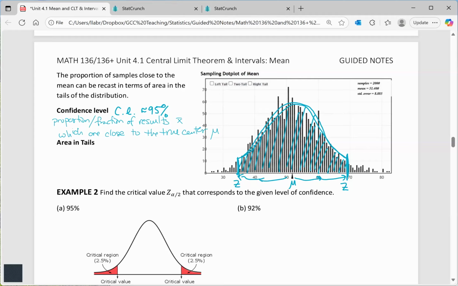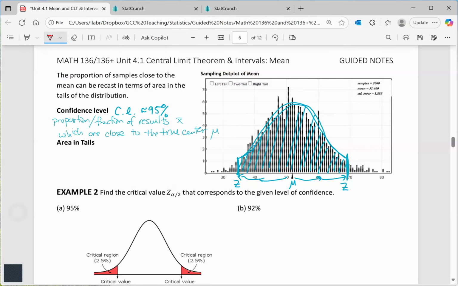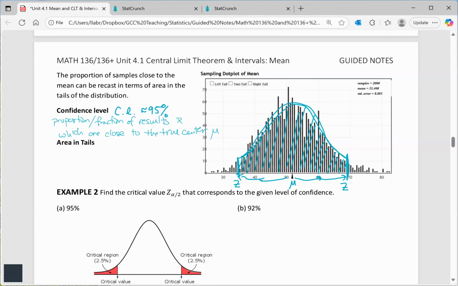We're going to go ahead and write this value here because we're going to notice that if in the middle I have some measure of confidence, then the area in the tails is going to be 1 minus that confidence level. And so that's denoted by alpha. So alpha ends up being the proportion of values that land far away. And it's the combination of both of these tails, the tail on the left and the tail on the right.